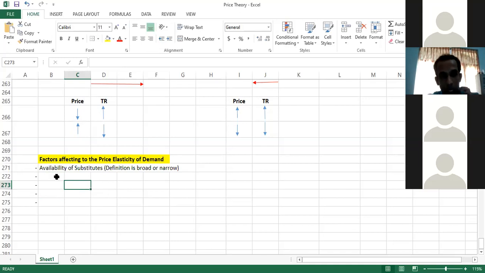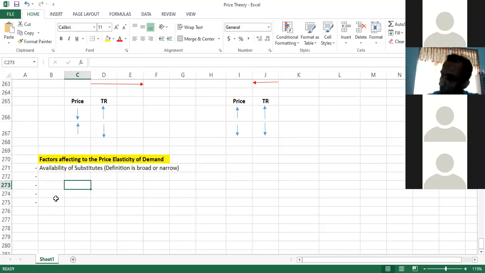Will consumers stop buying vegetables? Especially in a country like ours, vegetables are a main part of our meal. So vegetables is a broad definition which does not have a proper substitute. Then what will happen? We will still buy a certain quantity.